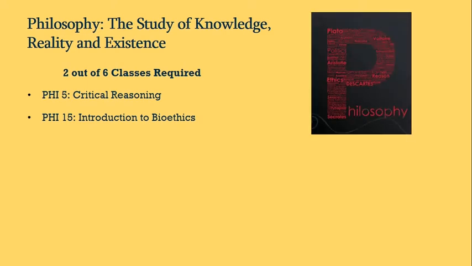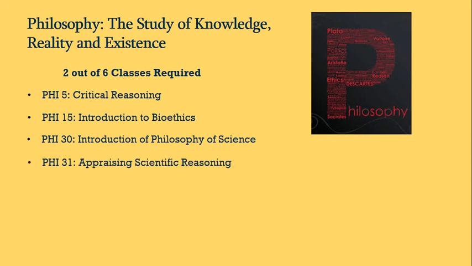The third option is Philosophy 30, which covers basic problems in the philosophy of science with respect to the physical, biological, and social sciences. Another option for philosophy is Philosophy 31. This class gives an introduction to scientific hypotheses and the reasoning that justifies those hypotheses.